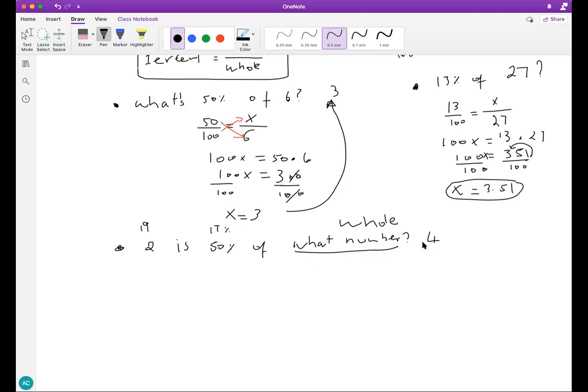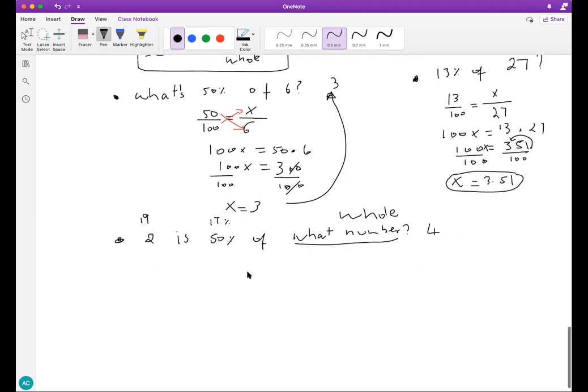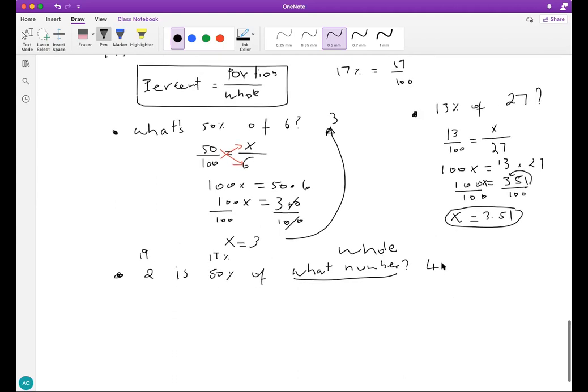We know that number is 4 because 50% of 4 is 2. But let's put that into an equation and see how to get this 4 using an equation. Later, we're going to reuse the same method, but instead of 2 and 50, we're going to do 19 and 17.